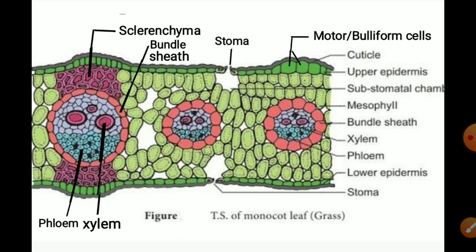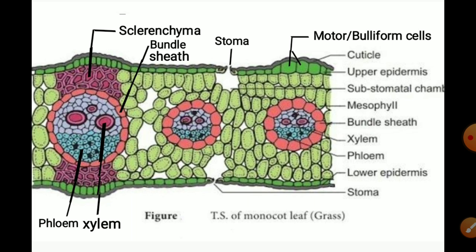So in such a situation, these motor cells present in the upper epidermis roll the maize leaf, they roll the jowar leaf, and the lamina is folded. Due to the folding or rolling of the leaf, the leaf gets protected from the burning radiations of the sun.